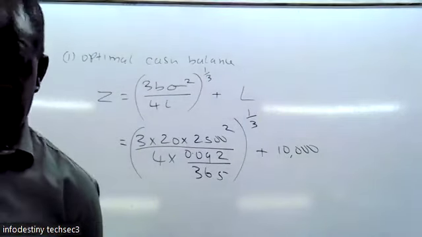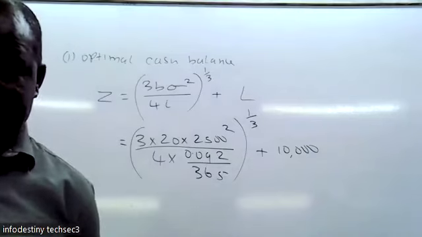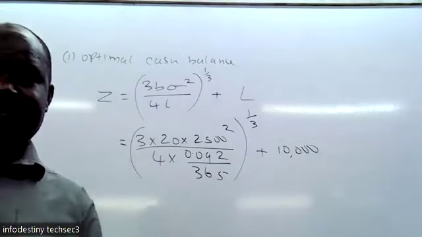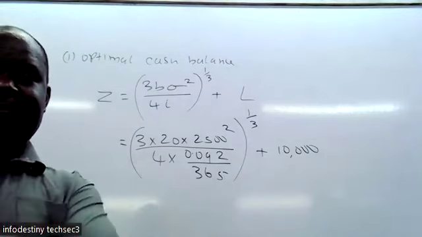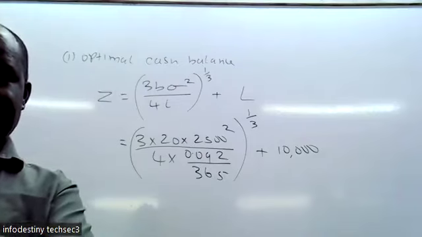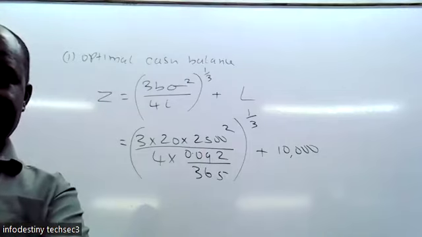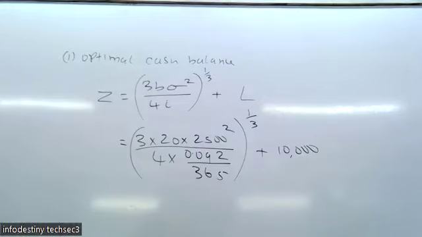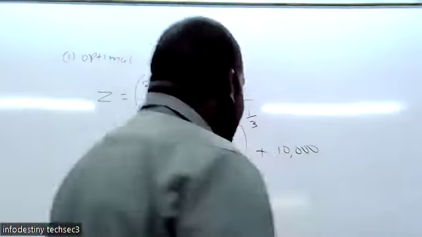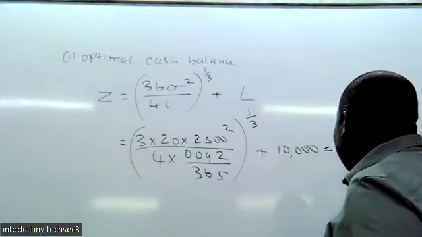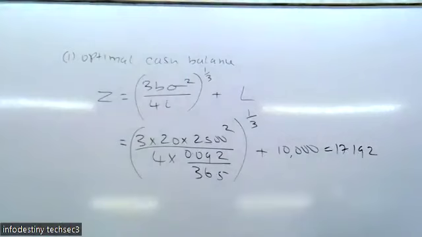Roman letter 2, they were asking me to compute the upper cash limit. 17,192 like that. So I hope you are getting that value.